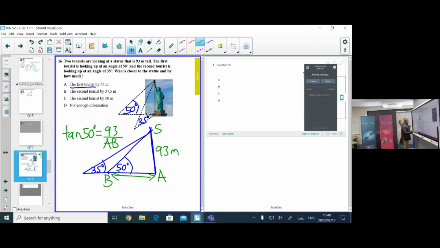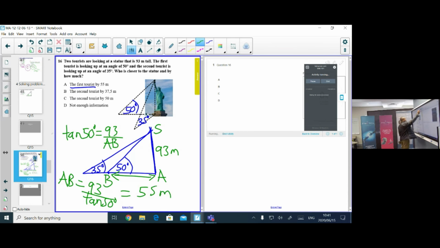So by transposing, your AB should give you something like 93 over tan 50. So from your calculator, you should be able to get a solution simply by putting 93 divided by tan 50, which I trust that it should give us the 55 meters.